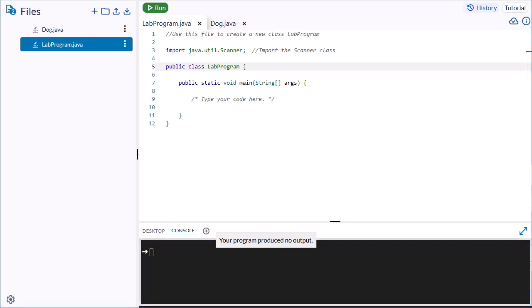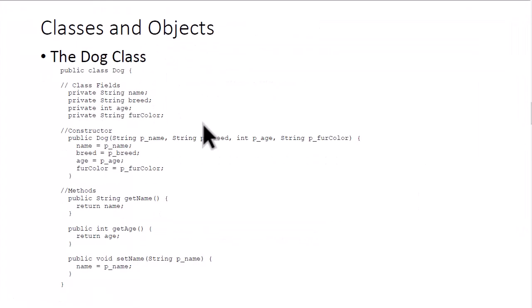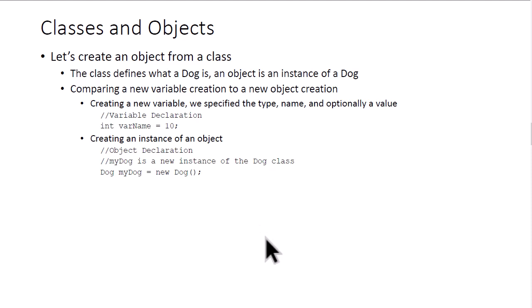So if we come back to our slides, we need to take a look at how we can create an object from that class. And we call that instantiating an object, or creating an instance of an object from a class. You can see here we have our original primitive variable types, int varName equals 10, where we have a data type of int, a variable name of varName, and we're giving it an initial value of 10.